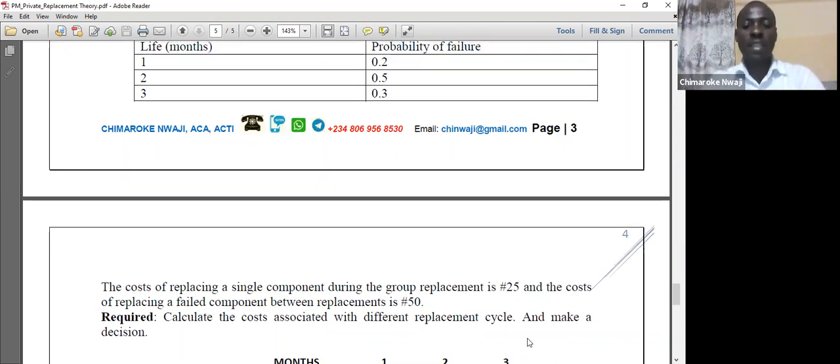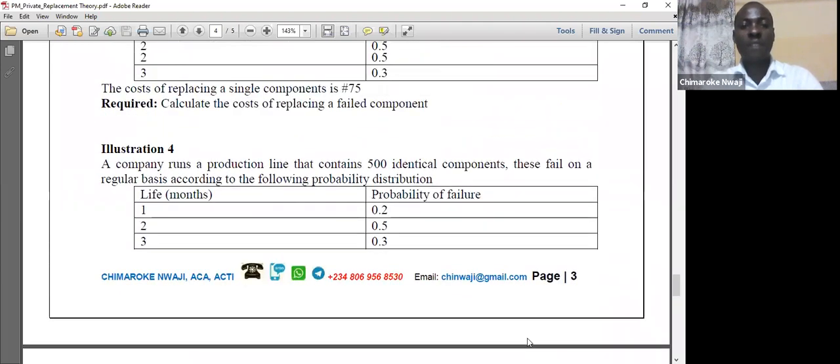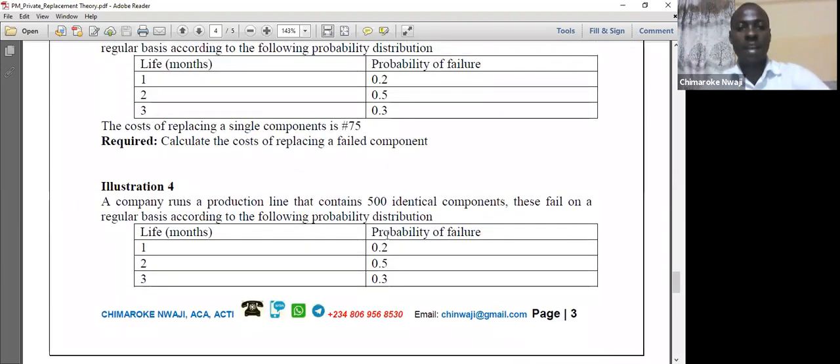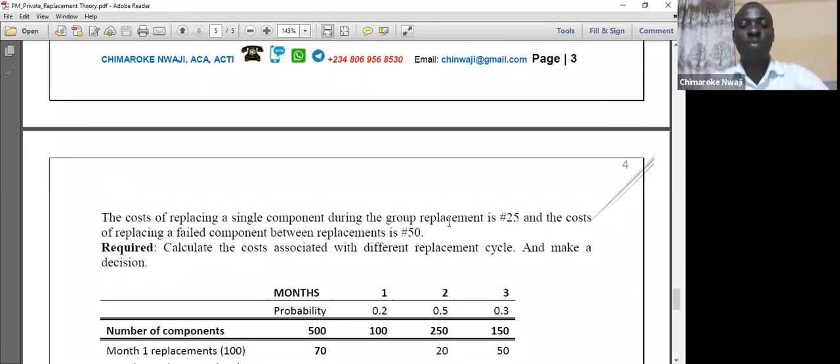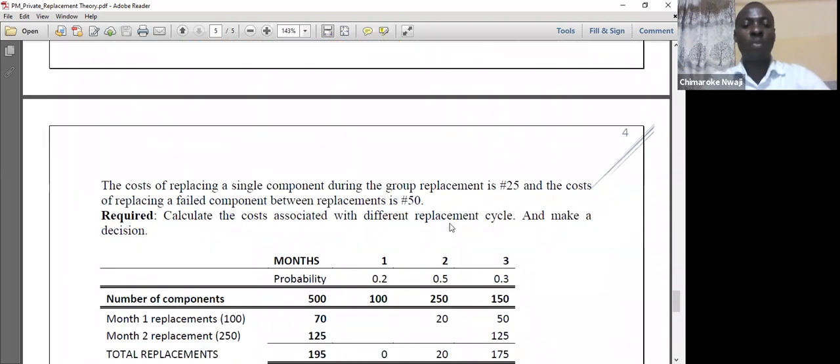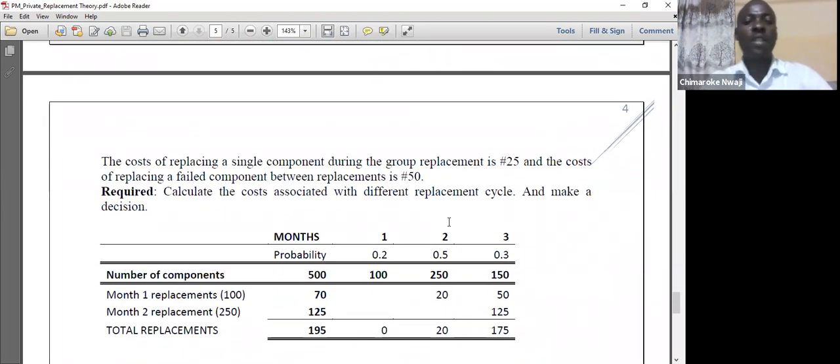More or less, they are still telling you it is 75 naira, just like this here, but they have given you how it is being distributed, group and components. Calculate the cost associated with different replacement cycles and make a decision.